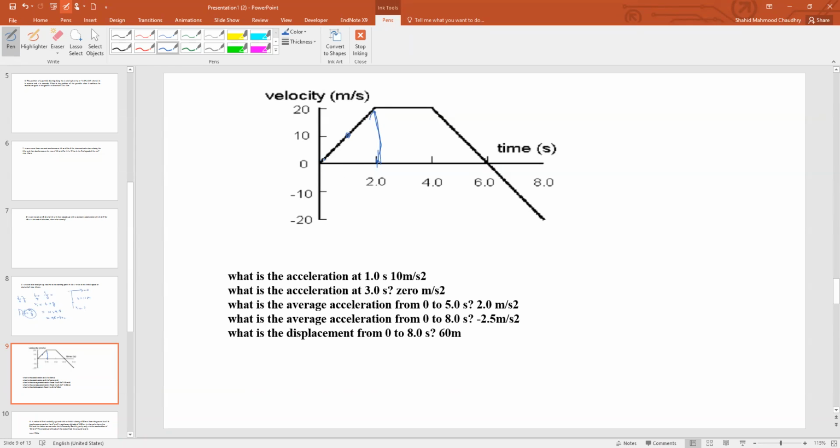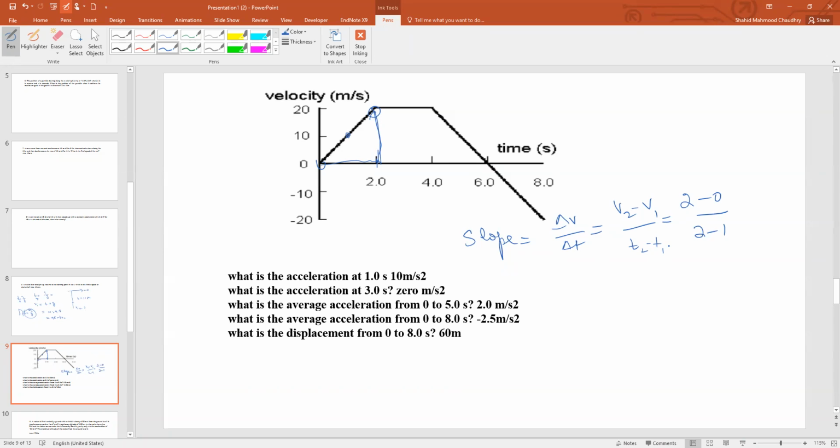We know that in the velocity time graph, the velocity is increasing with respect to time, constantly increasing. So you will find the slope. Slope will be delta V over delta T, which is V2 minus V1 over T2 minus T1. V2 is this, and it is 20 minus 0 over 2 minus 1.